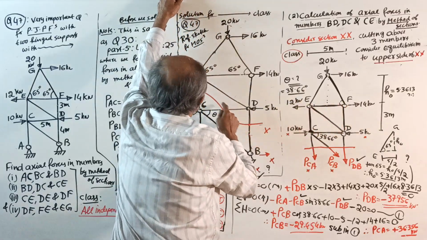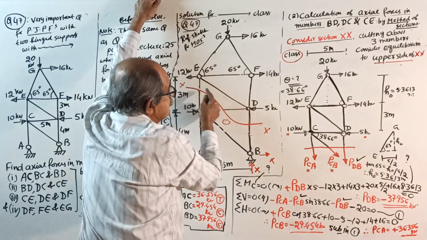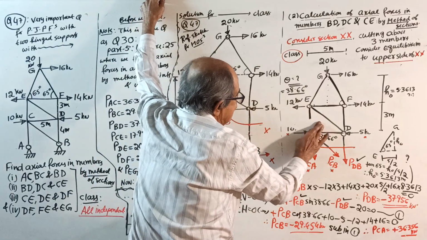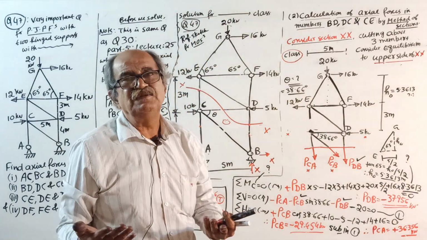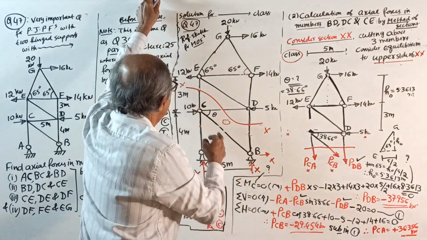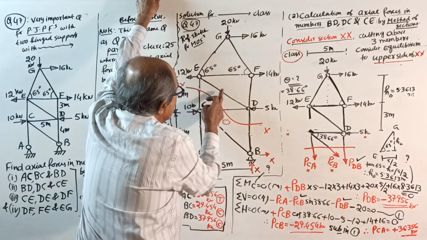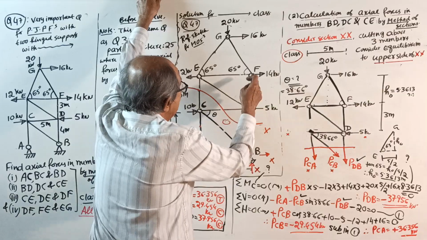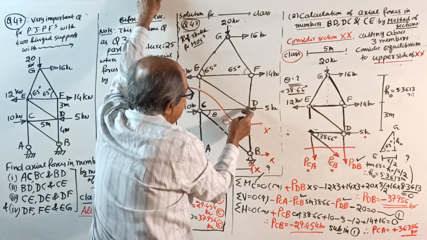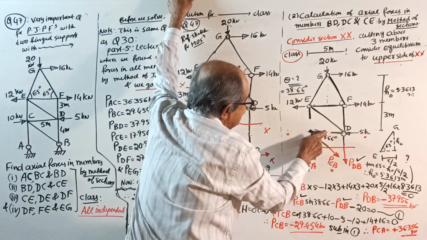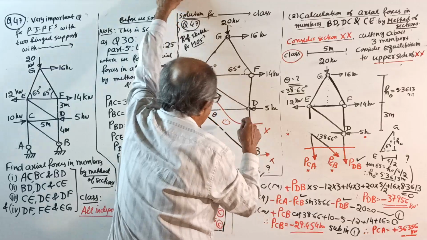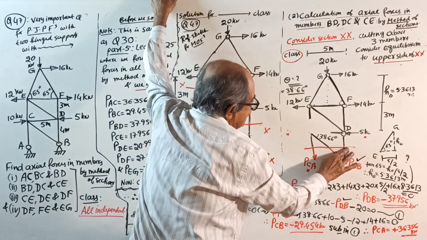Then this member will come up to some distance. Then this member also intact. Then see this member over here, this joint. This member comes partially, and this member comes partially.